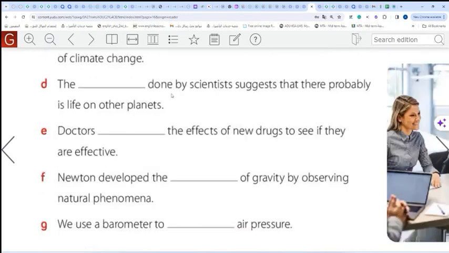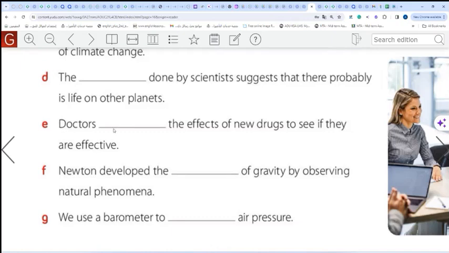Thank you so much, dear students. What about number E? Doctors observe the effects of new drugs to see if they are effective or not.